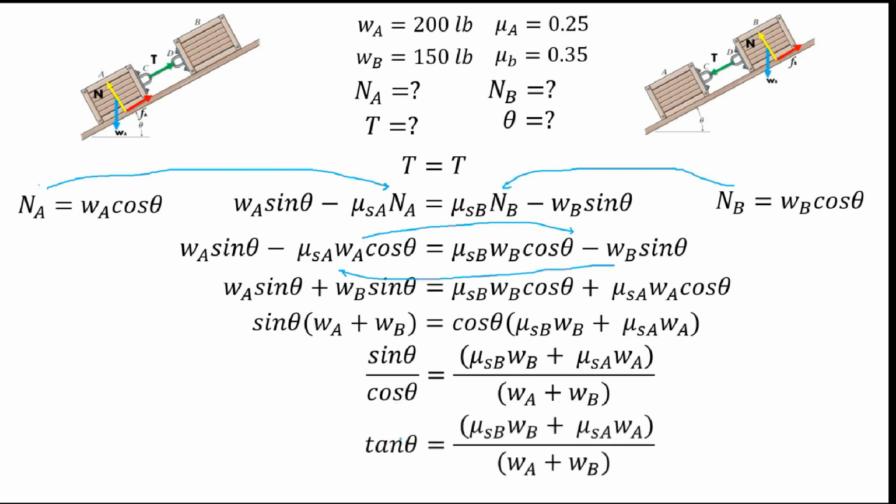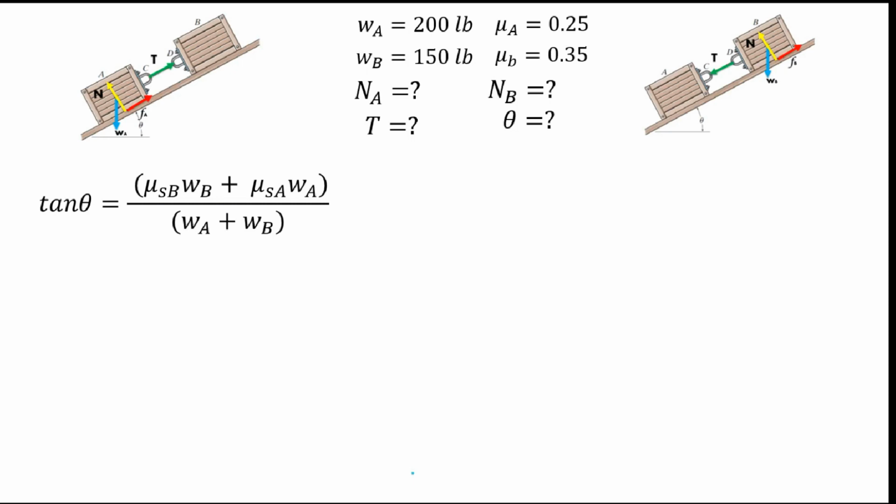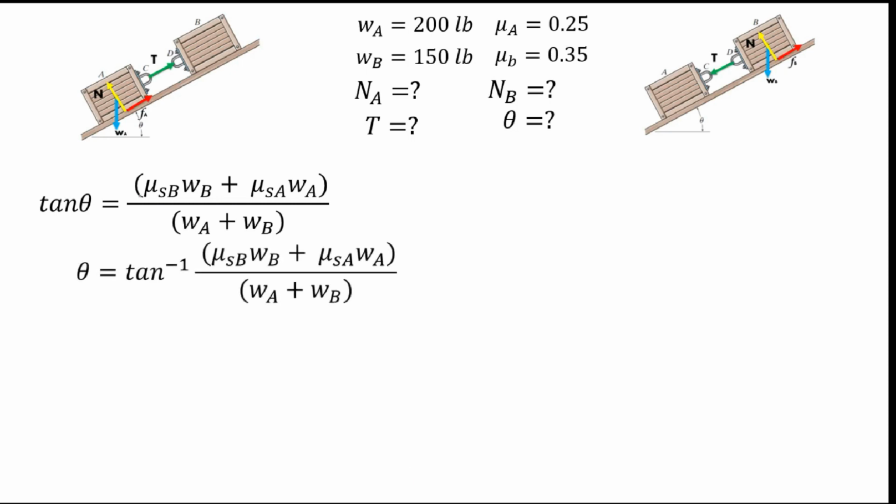So the new equation is tangent theta is equal to mu B WB plus mu A WA divided by WA plus WB. Since this is tangent, we can now find the angle theta by doing the arctangent. So theta is equal to arctangent of this, and let's substitute now the given.